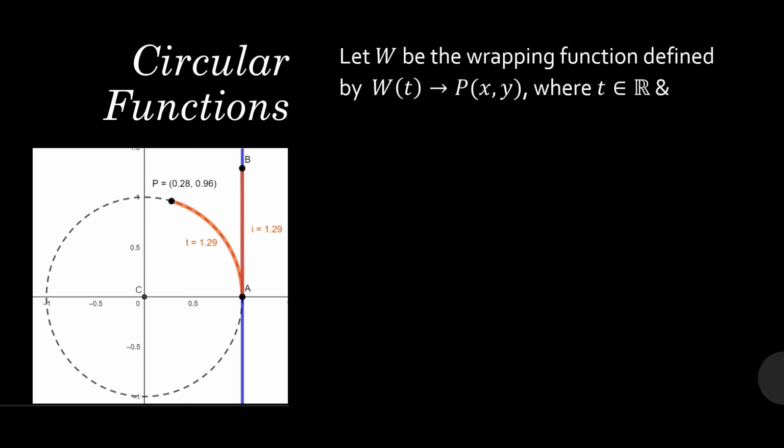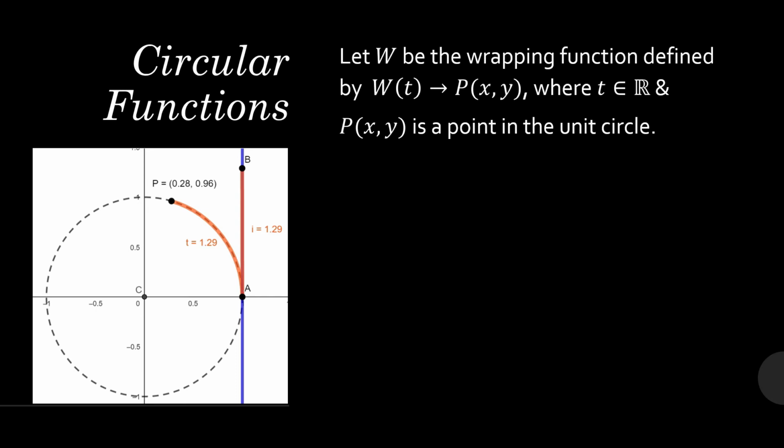Circular functions. We had spoken a lot about right triangles and trigonometric functions, but for now, we stop thinking about them. We only think about the unit circle and the real number line. Let W be the wrapping function defined by W of t equal to a point with coordinates x, y, where t is a real number and P is a point in our unit circle.